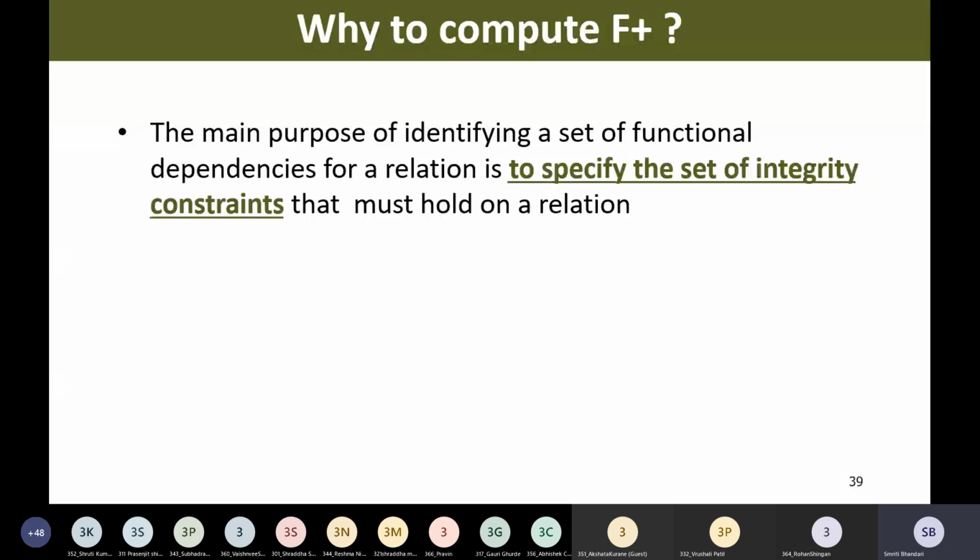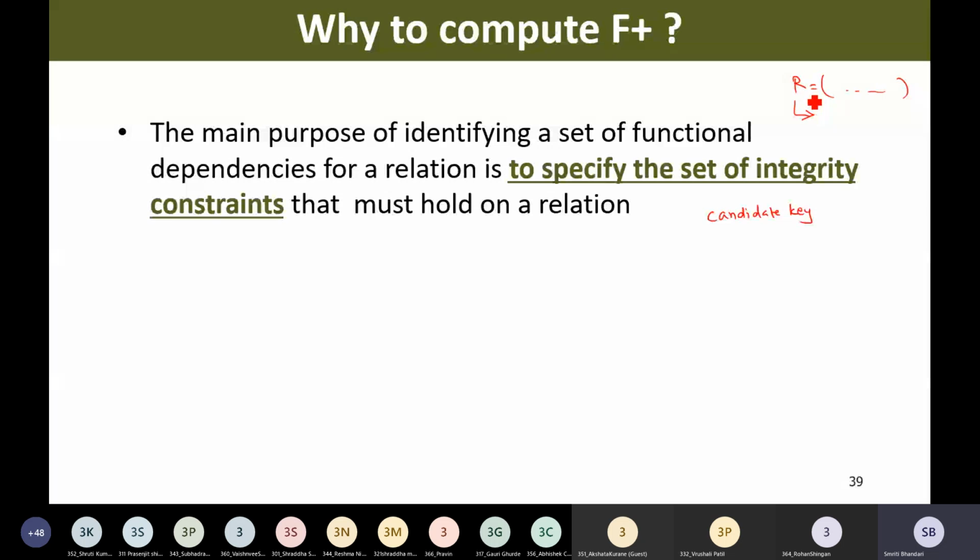And the most important integrity constraint that we are going to identify for the relation is the candidate key. So given a relation R with some attributes, we always need to impose integrity constraints on this relation.